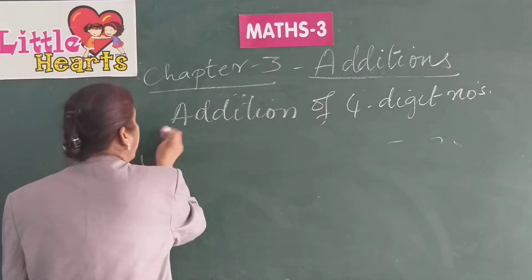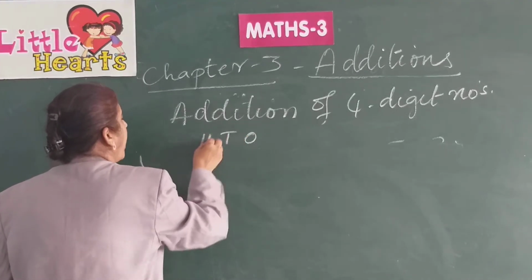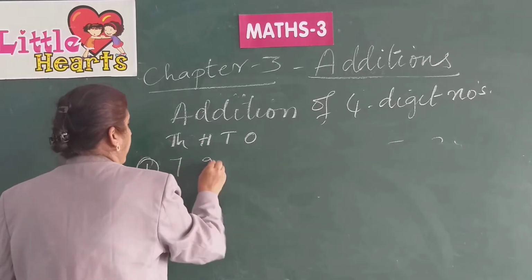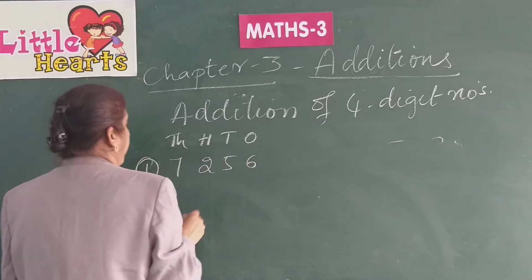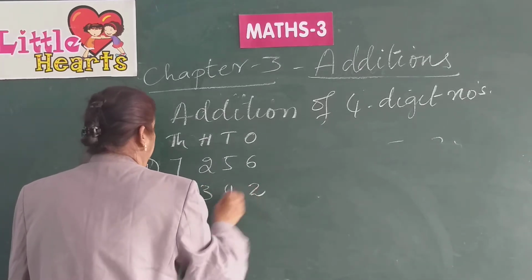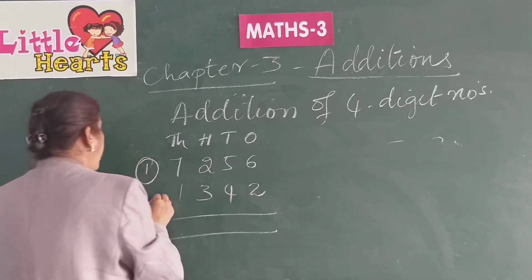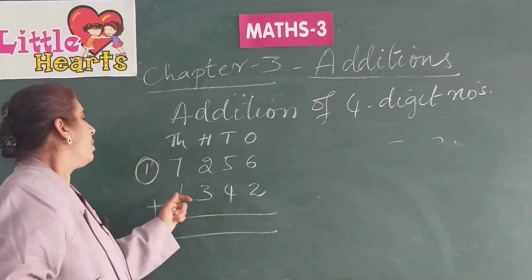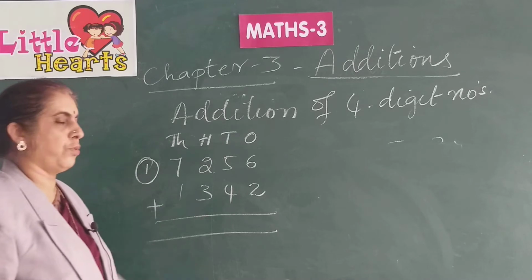The places are ones, tens, hundreds, thousands. The numbers given are 7,256 plus 1,342.